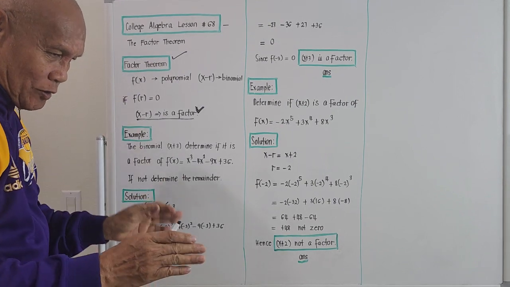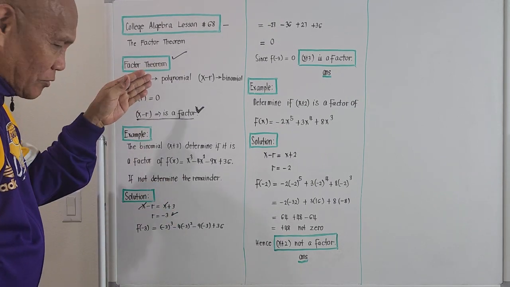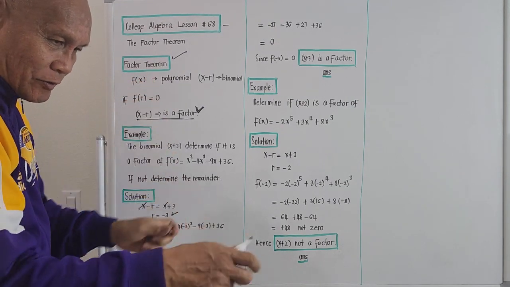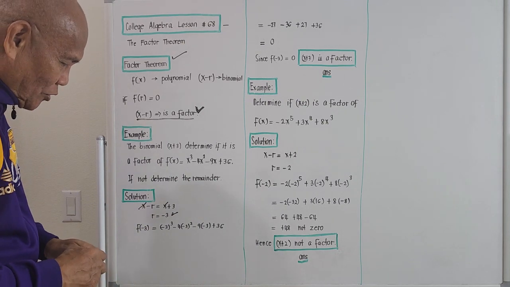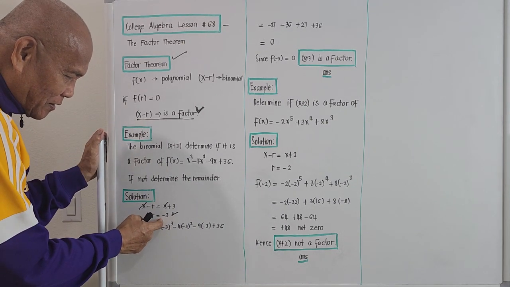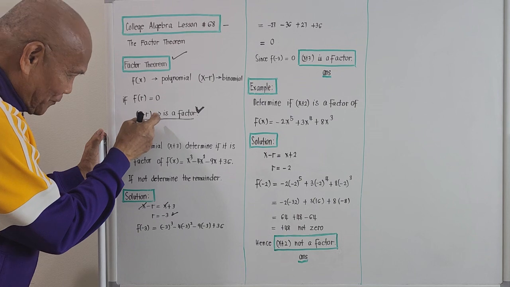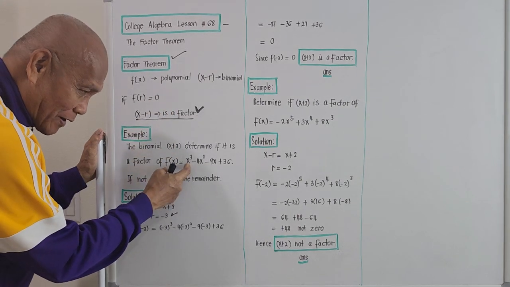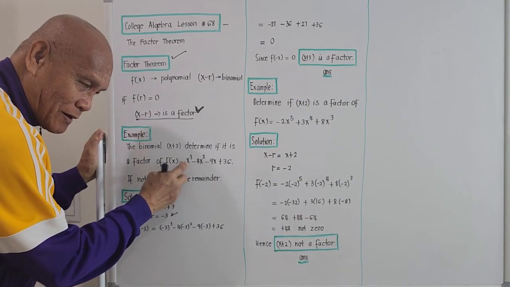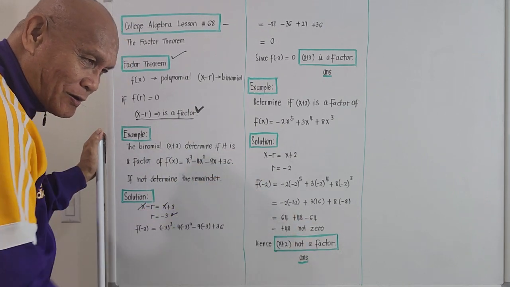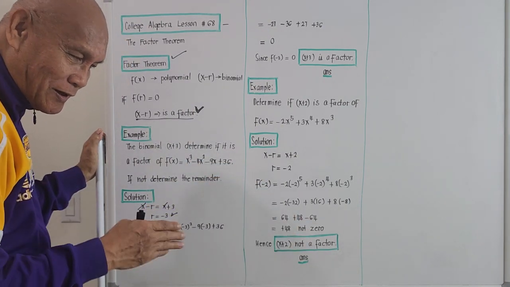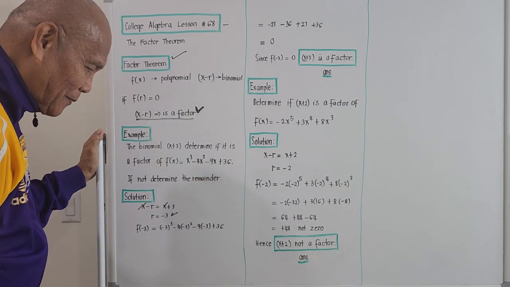Okay? So if we follow the factor theorem, according to the factor theorem, if we substitute this negative 3 for the values of x in the given polynomial, and what comes out is 0, we can conclude that the given binomial is a factor.